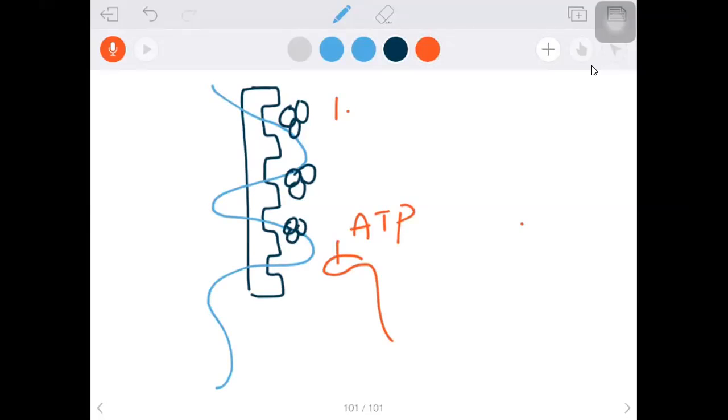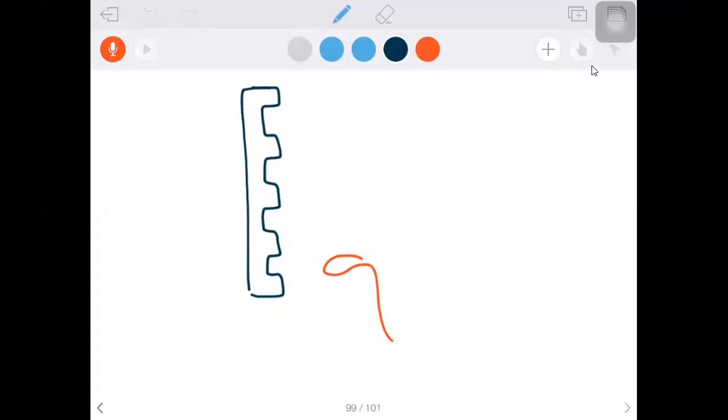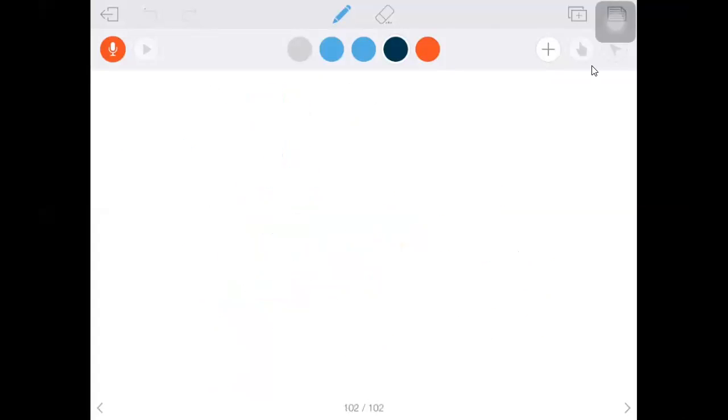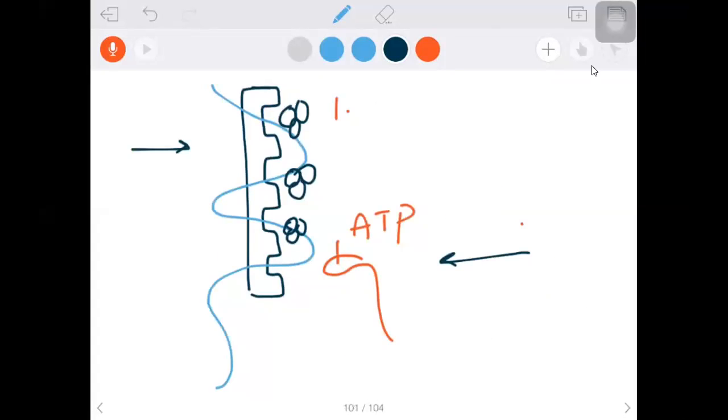So in step one, we need to activate this area, and we need to activate this area. We need to activate the thin filament actin, as well as this particular myosin site.